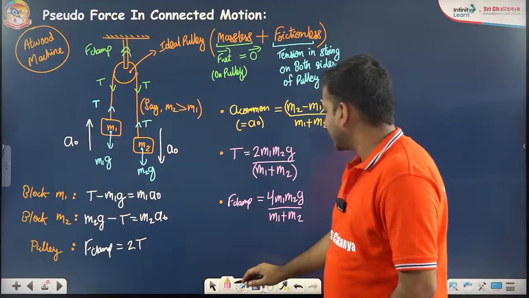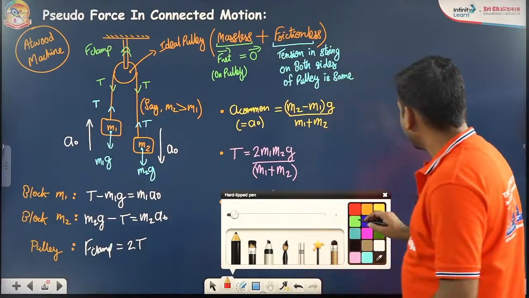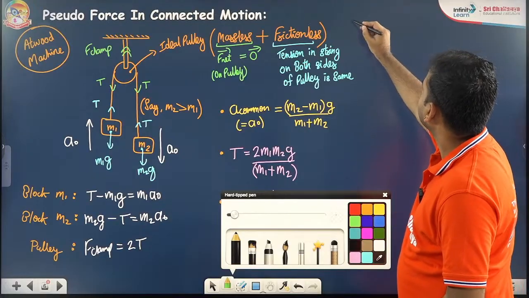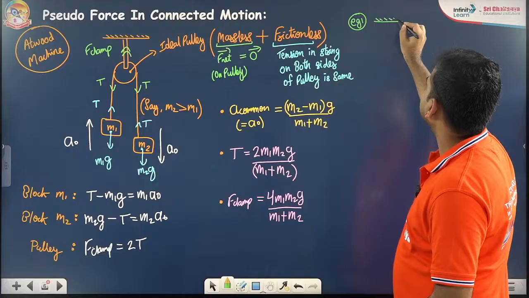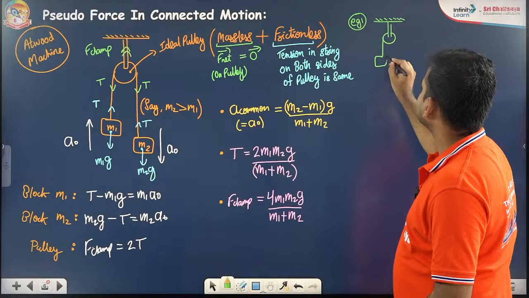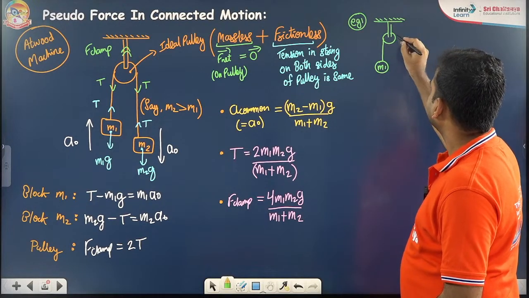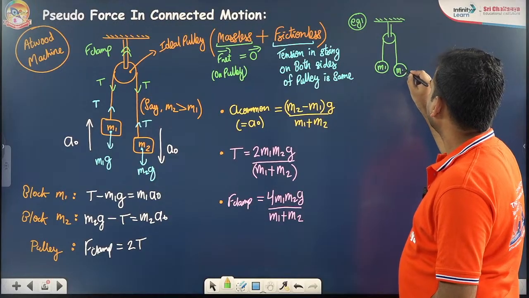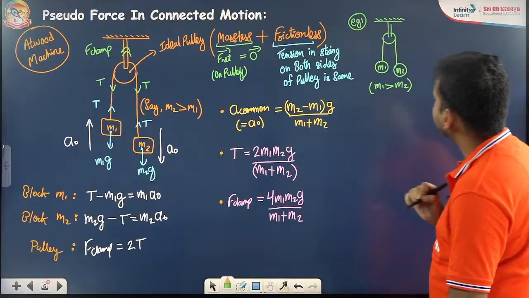Now I want to consider the pseudo force in the Atwood machine. Pseudo force. So I will say illustration 1, example 1. If I consider this here, this is the pulley, this is M1, this is M2, and this time M1 is greater than M2.